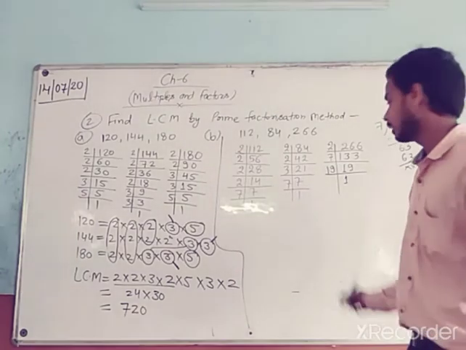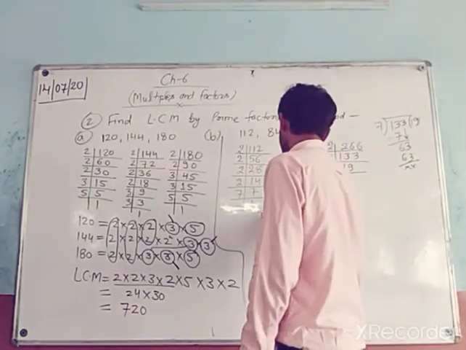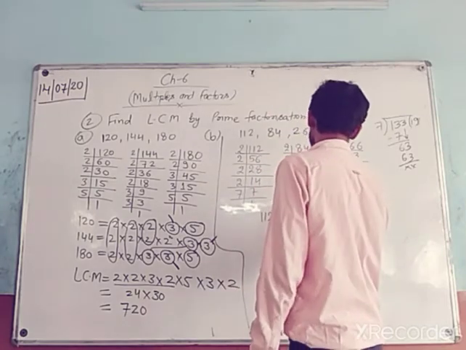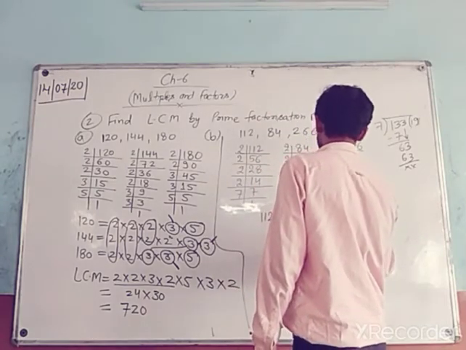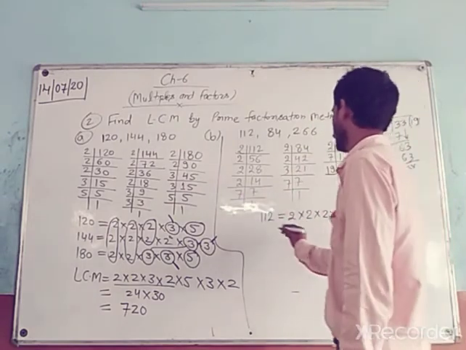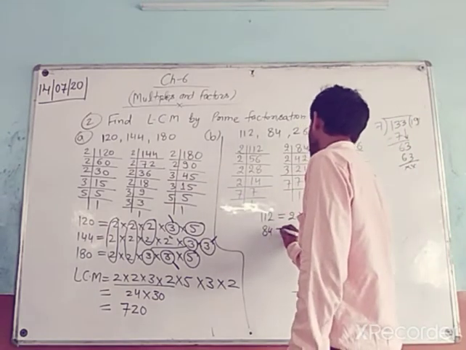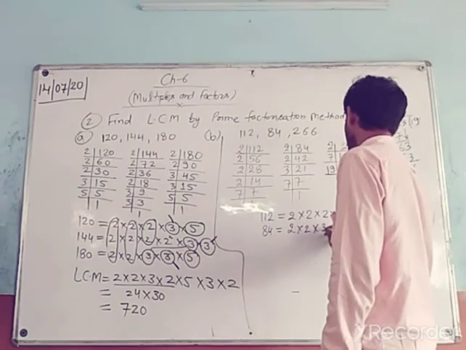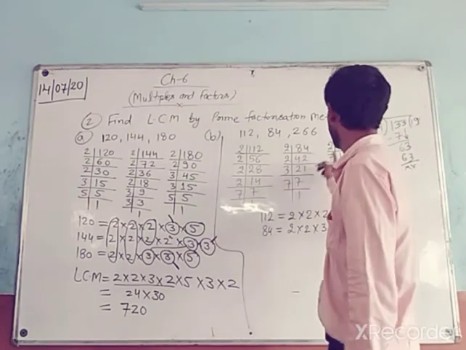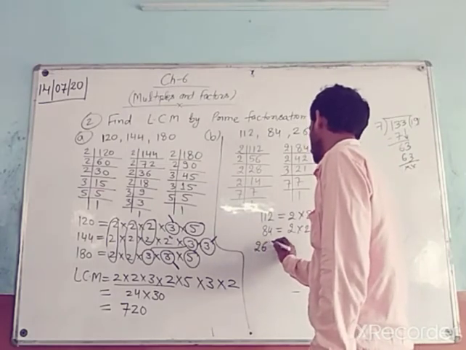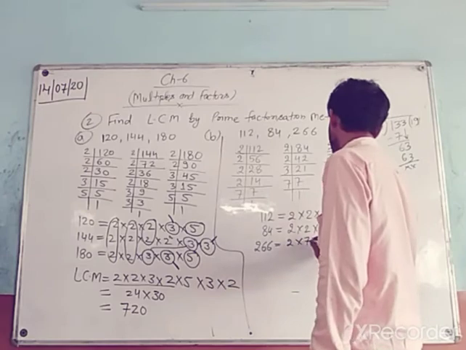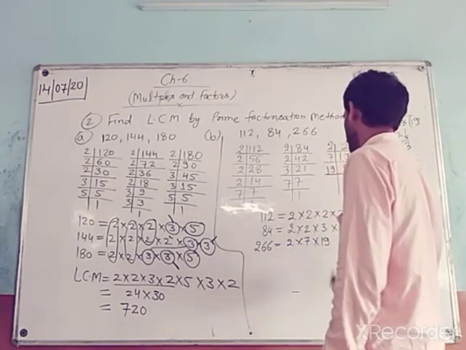Clear? Now 112 is equal to 2 times 2 times 2 times 2 times 7. 84 is equal to 2 times 2 times 3 times 7. And 266 is equal to 2 multiplied by 7 multiplied by 19.